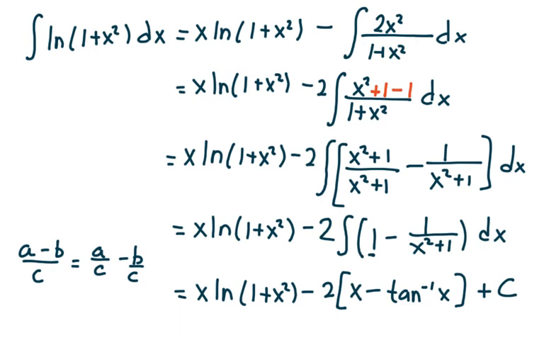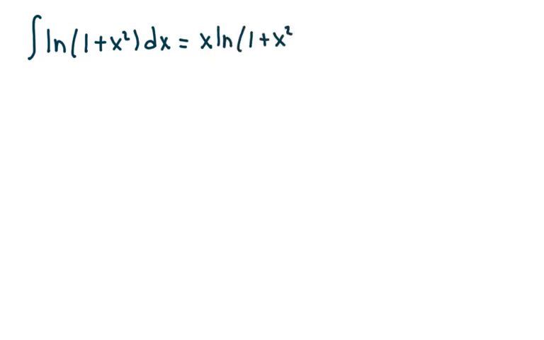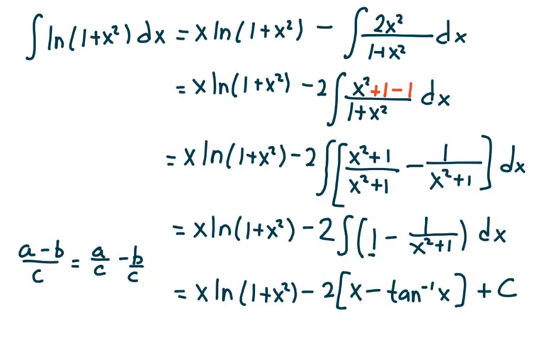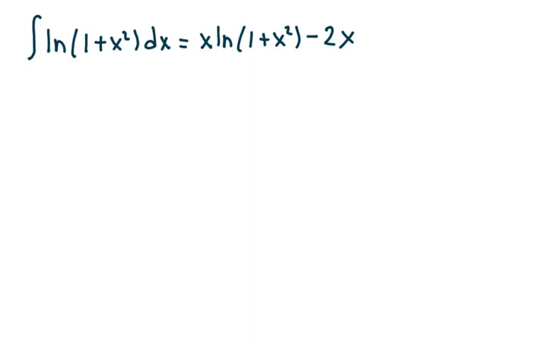And then all I have to do is distribute that negative 2 inside. And so the integral of natural log of 1 plus x squared dx is x ln of 1 plus x squared minus 2x, and then a negative times a negative is a positive, so plus 2 times arctangent of x plus c. And that's number 22.